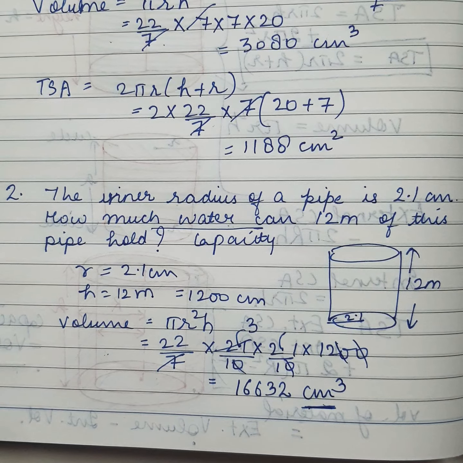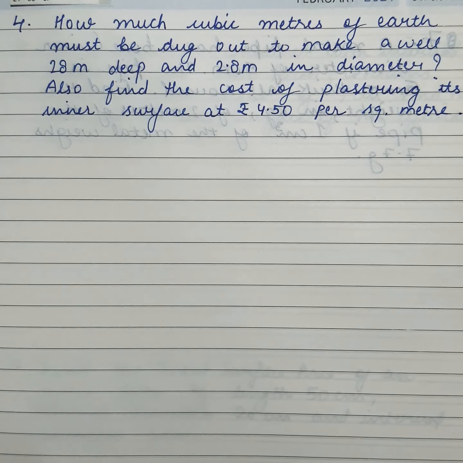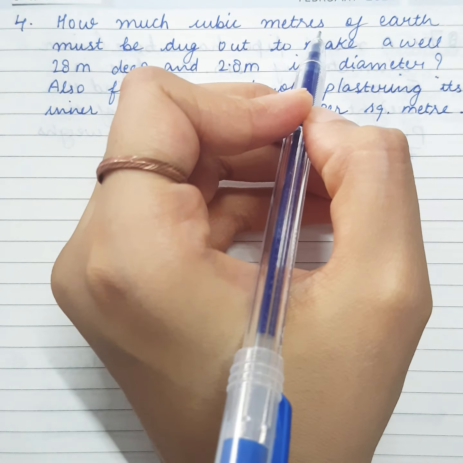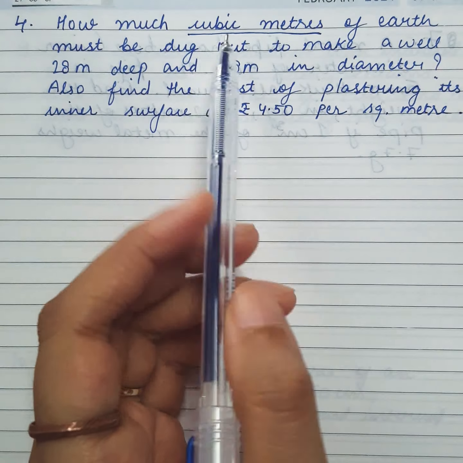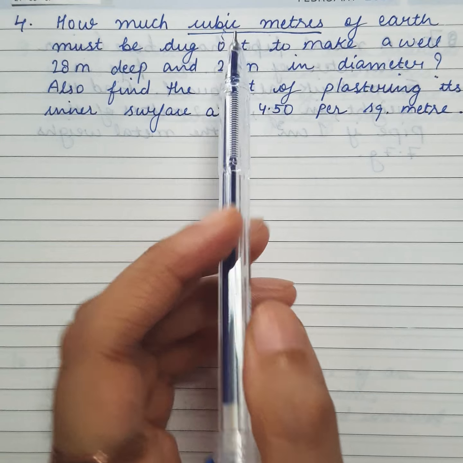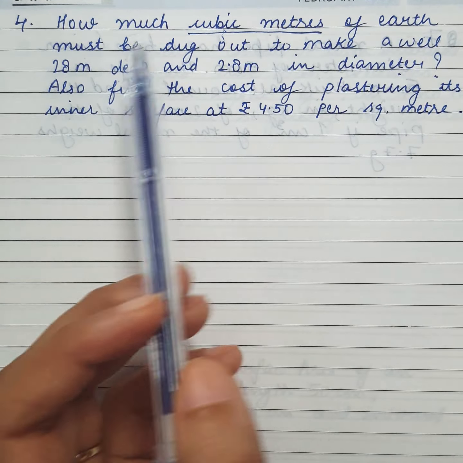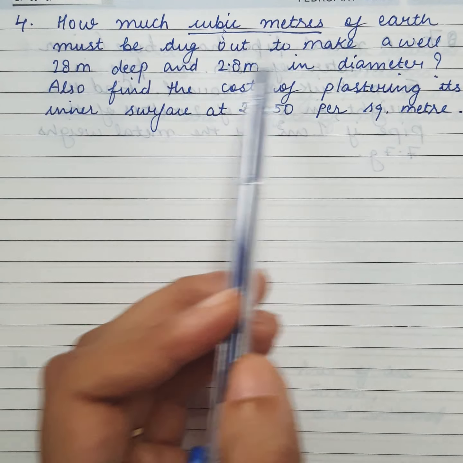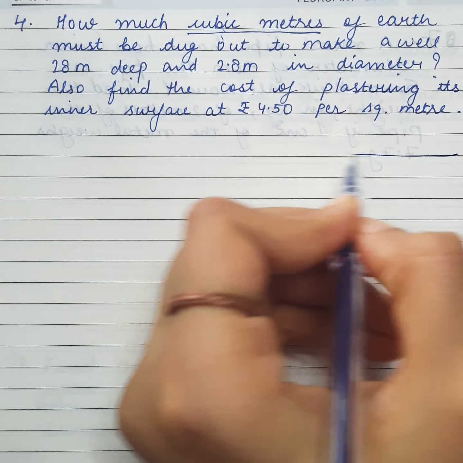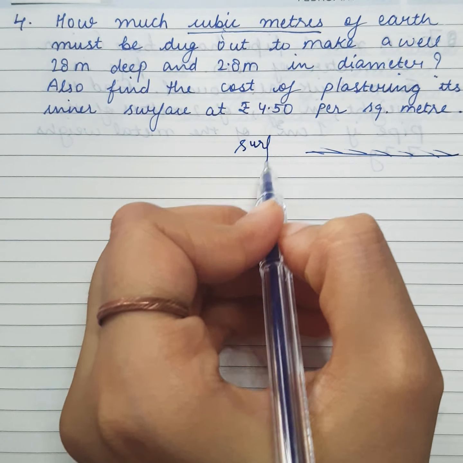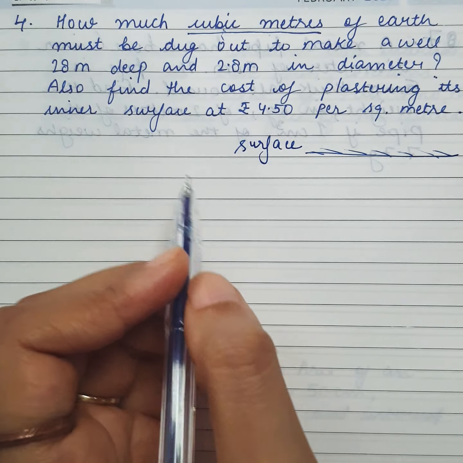Now the next question is, how many cubic meters? The very first hint is given in the first line. Cubic meters is the unit of volume. Second, how much volume of earth must be dug? Let us say this is the surface level, the ground level.